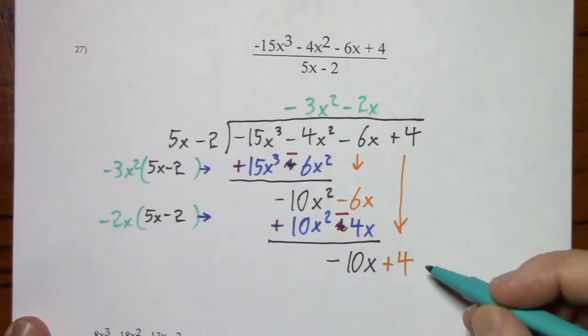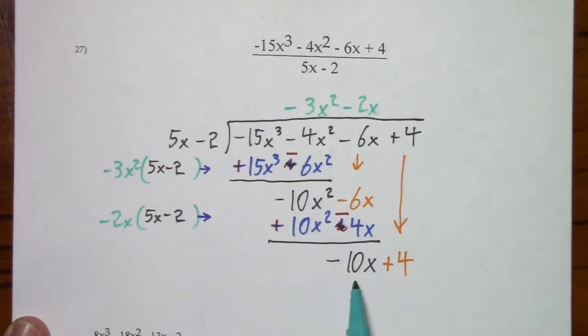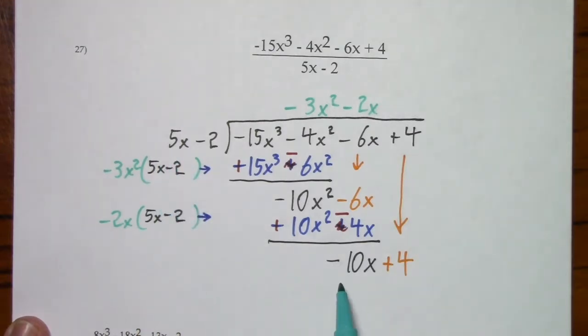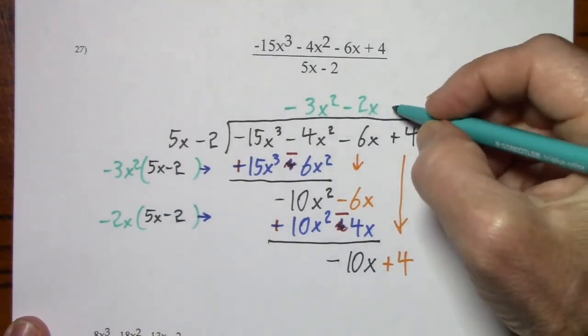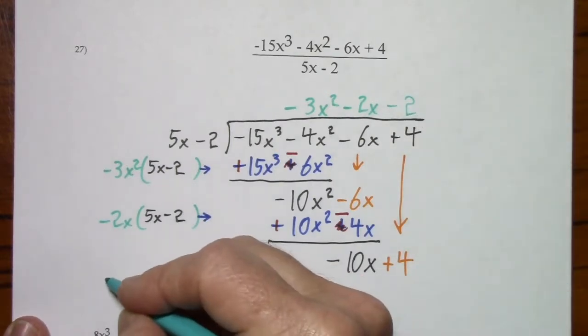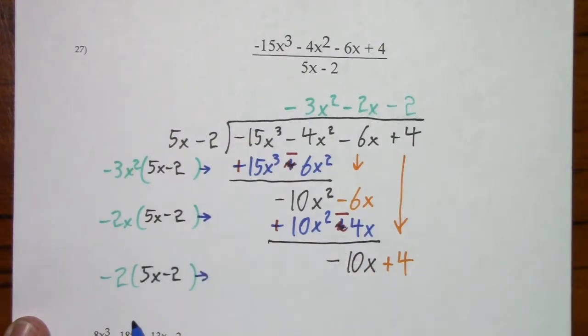And you repeat the process, focusing on the first term and the first term. What do I have to multiply this by to get this? A negative 2. So that would be a negative 2 times 5x minus 2.